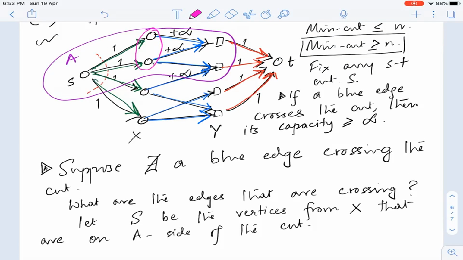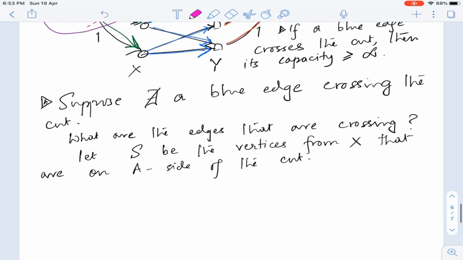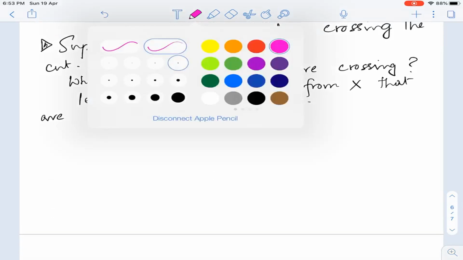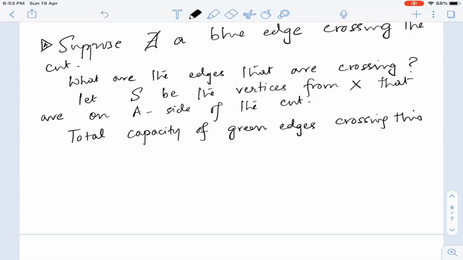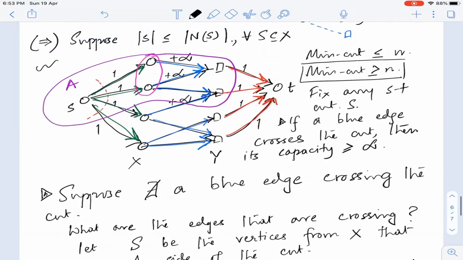So now, if I have this notation, then the total capacity of green edges crossing this cut, what is it?